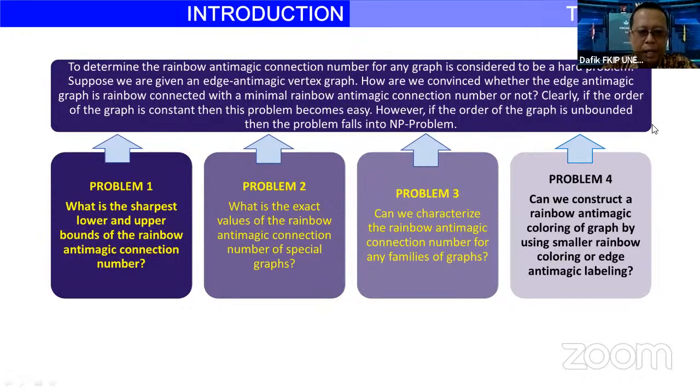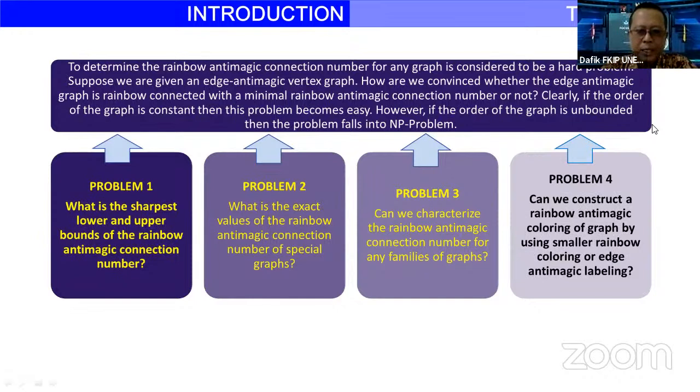The second problem: what is the exact value of the rainbow antimagic connection number of special graphs? For students, I believe we can start from finding the exact value of the rainbow antimagic connection number of special graphs. It is very important for exercise.